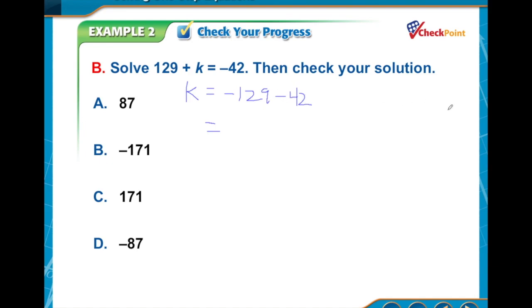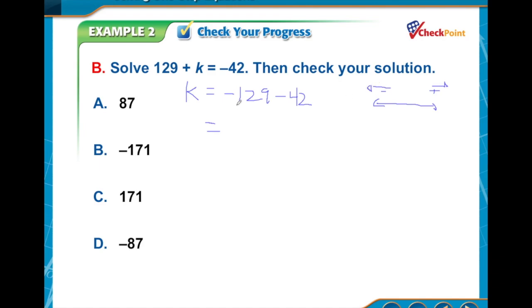So if you remember on a number line, positive numbers are going to the right. As we move to the left, we get more negative.